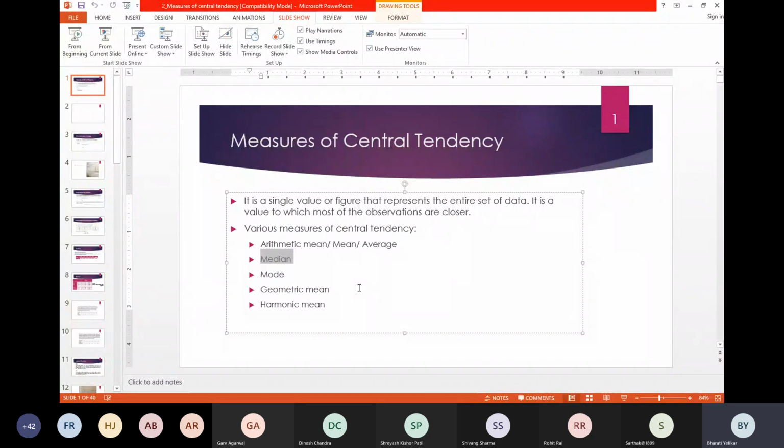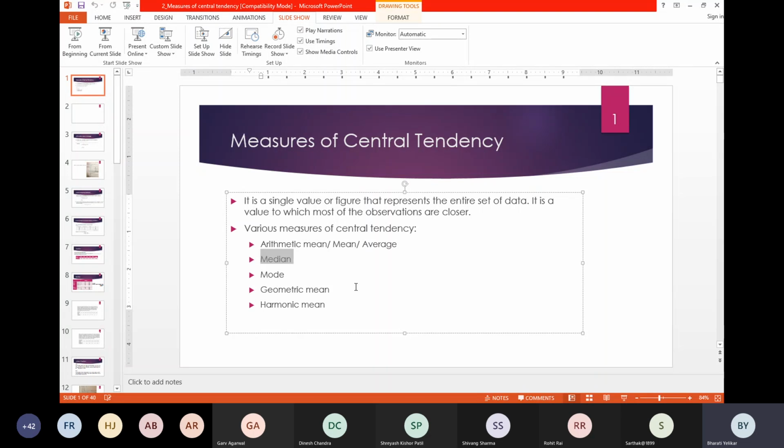If a data set contains an even number of values, the median is the mean of the two middle values. We shall see examples at that time.